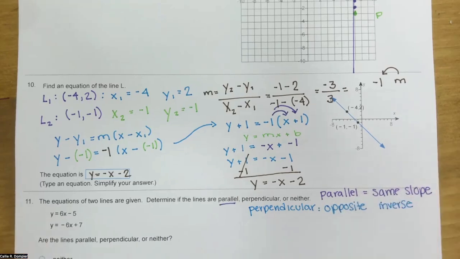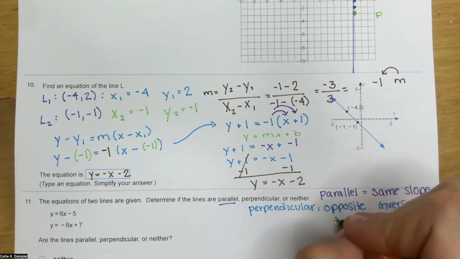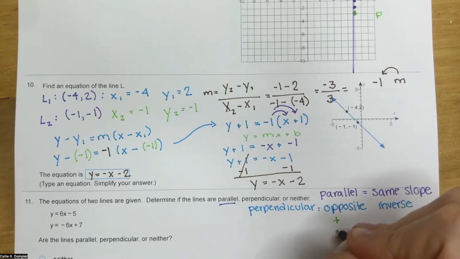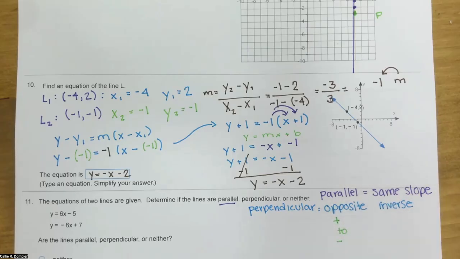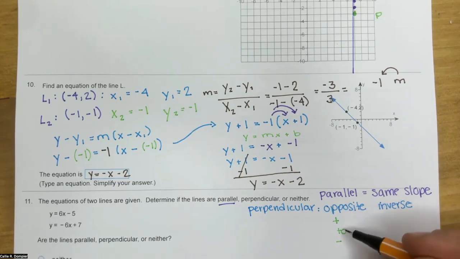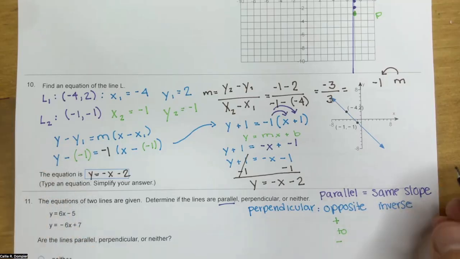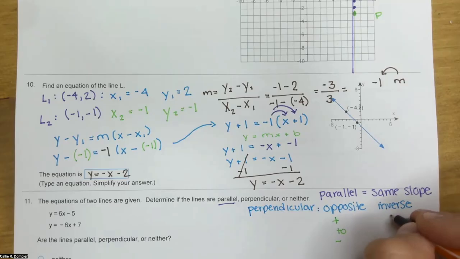We don't have enough room to write slope. Opposite means if it is positive, it becomes negative, or if it is negative, it becomes positive. Okay? Opposite sign from positive to negative or negative to positive. And then inverse means whatever the number is, if the number is 2 over 1, it goes to 1 over 2.